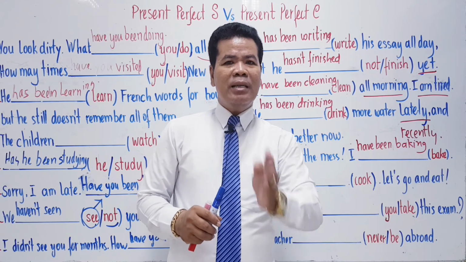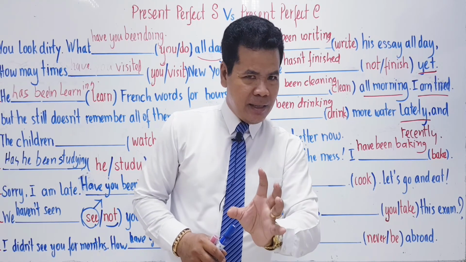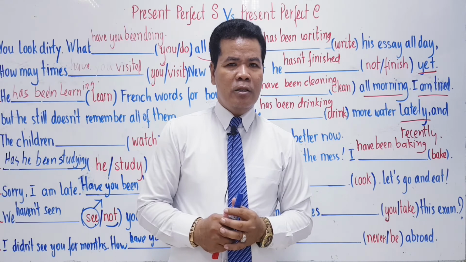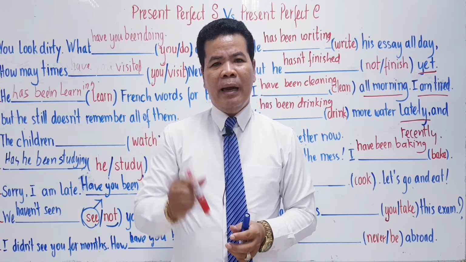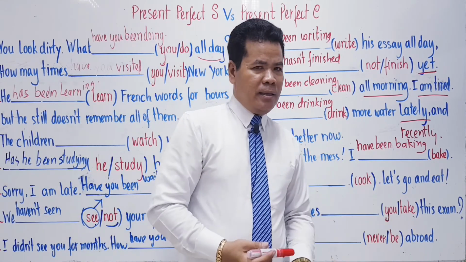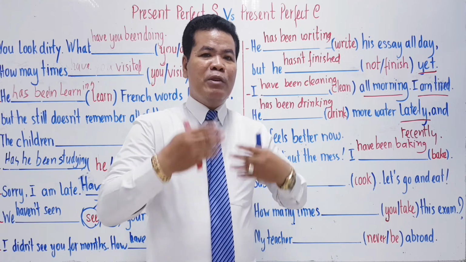So action started in the past, finished completely in the past, as the result in the present. So what do you use?